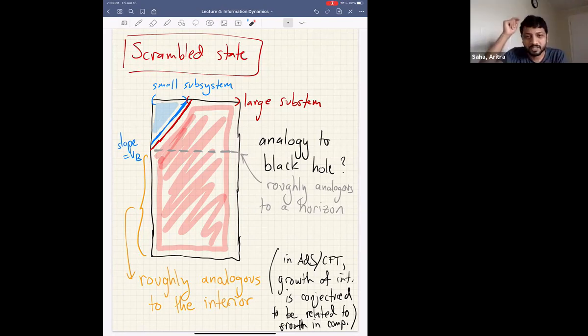And this picture doesn't necessarily only apply to black holes in AdS, right? Because I can think of any black hole in any kind of spacetime as roughly described by this picture. I guess I have to specify what I mean by the small subsystem and large subsystem for a long time.